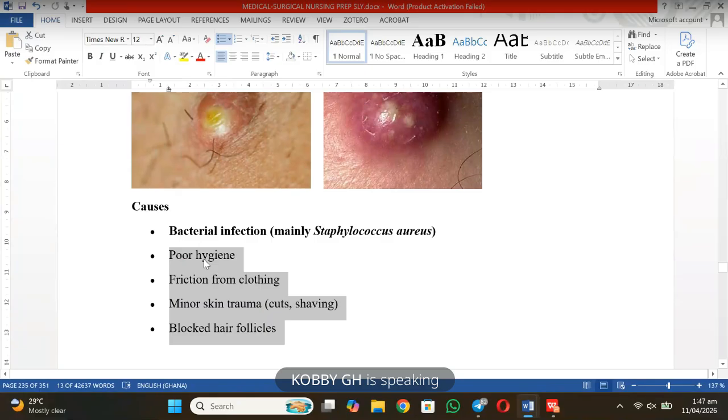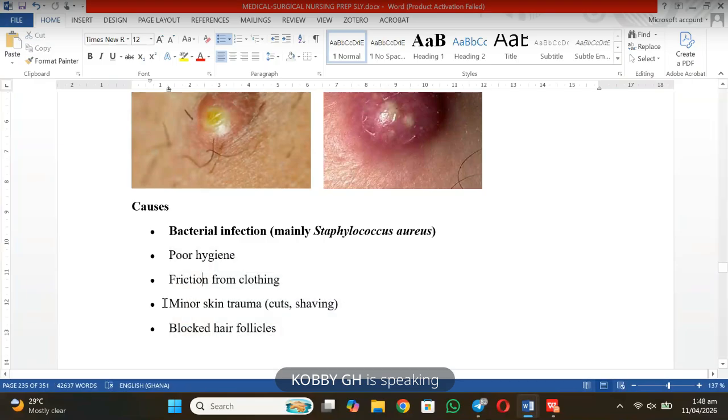Especially in fat people, there is sometimes friction coming from their clothing. When you wear tight clothing and there is a lot of friction from your clothing, especially at your perineal area, you are at risk of getting furuncles and carbuncles.